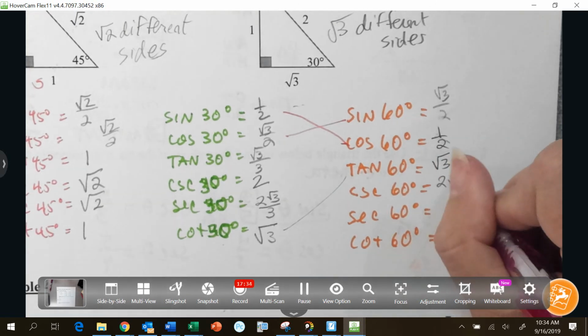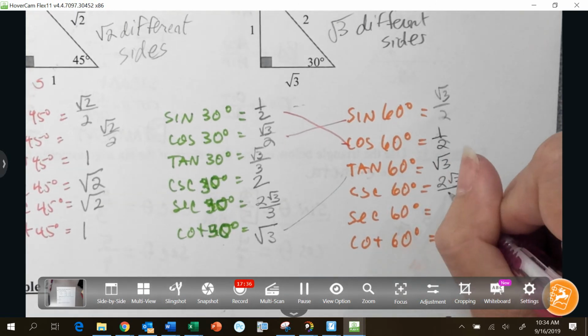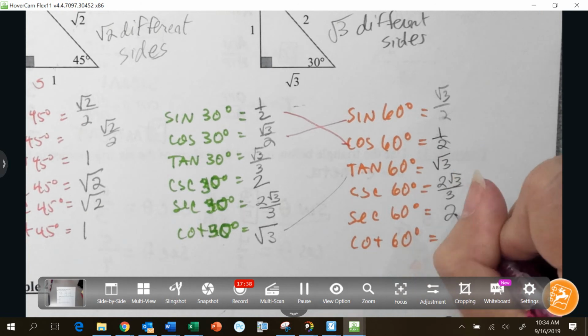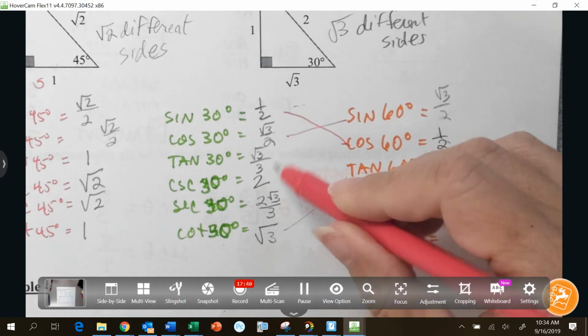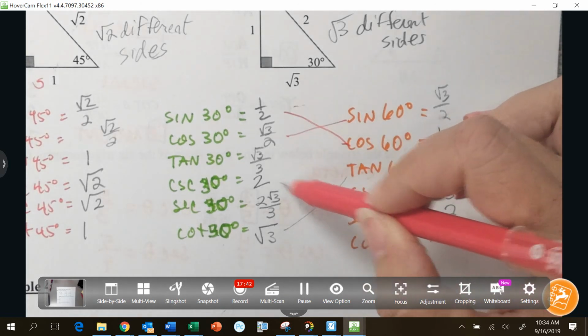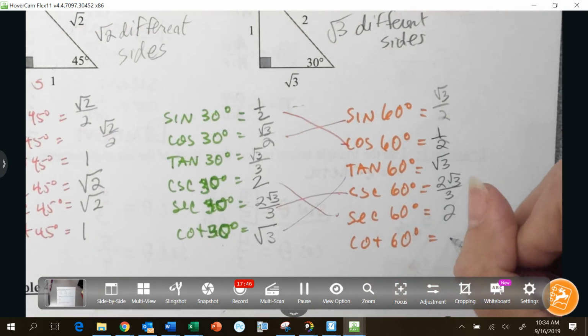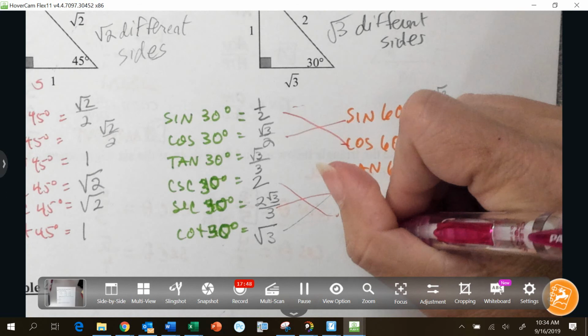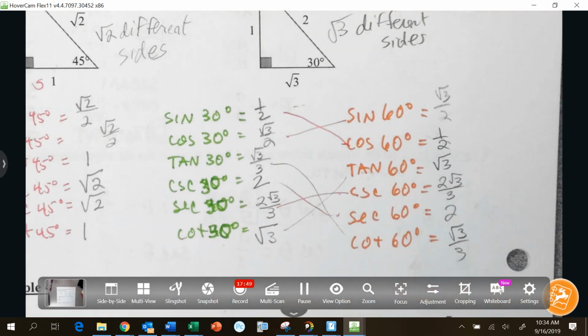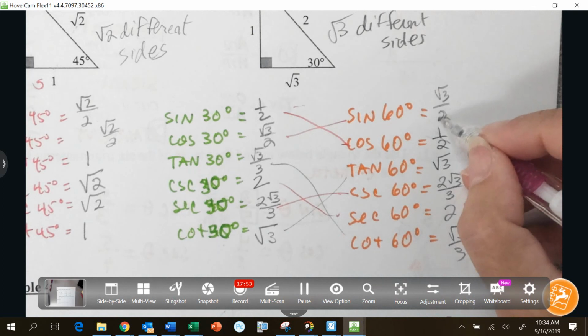Cosecant is 2 radical 3 over 3. Secant is 2. These are the same. And then cotangent of 60 is radical 3 over 3, which is the same as the tangent of 30. So these all repeat themselves just in different places.